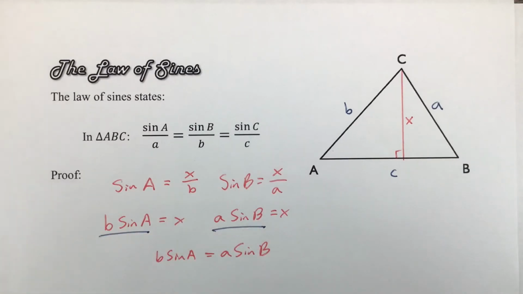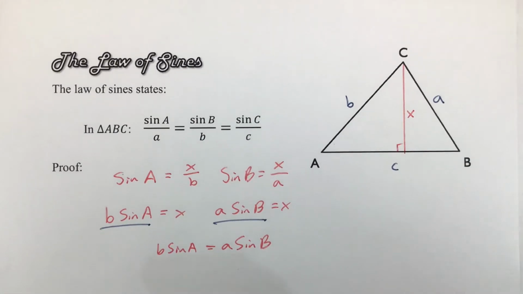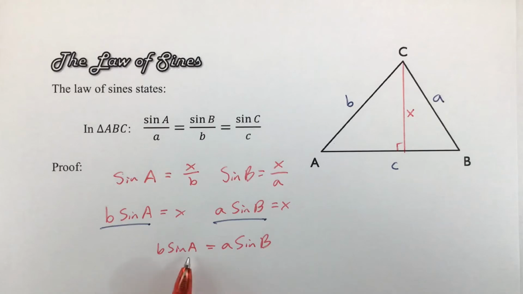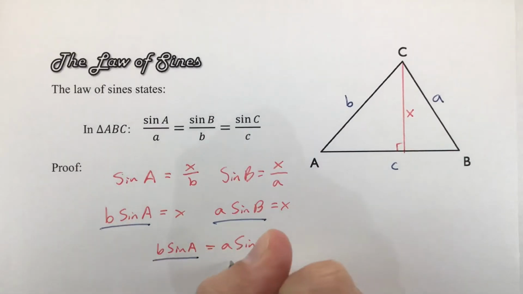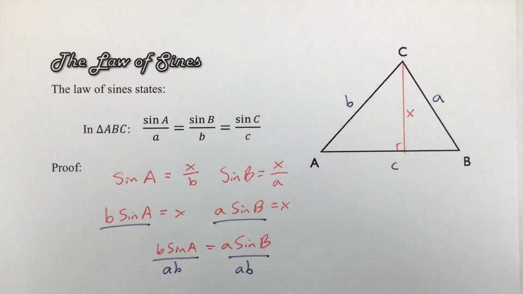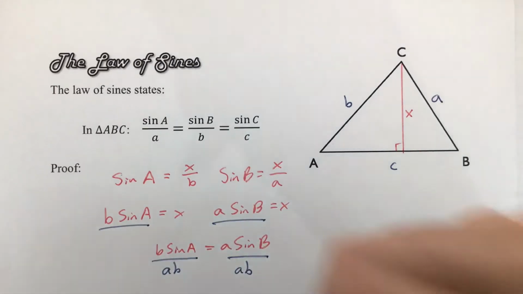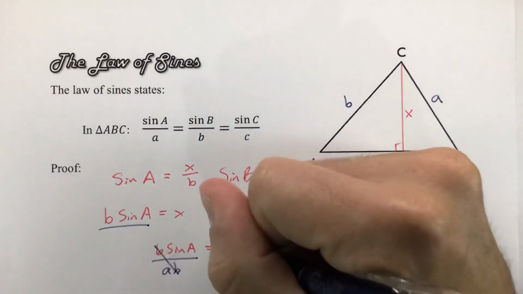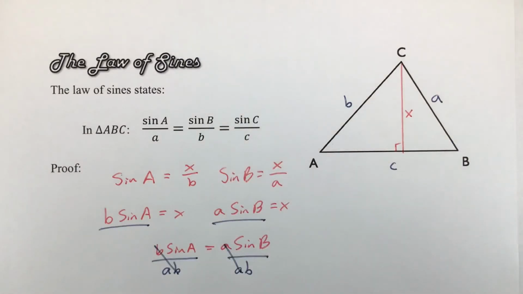Okay, now we've got one more step here, which is more about just organizing things, to make stuff look a little bit better, because you're going to notice you have a little b and a capital A together, and a little a and a capital B together. If we divide both sides by little a and little b, both at once instead of separating this into two steps, these little b's are going to cancel, and these little a's are going to cancel out.